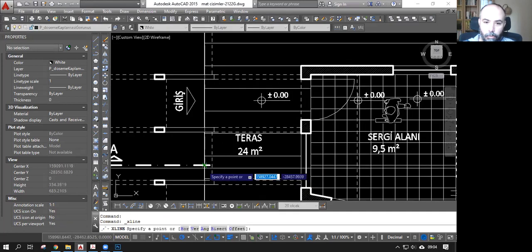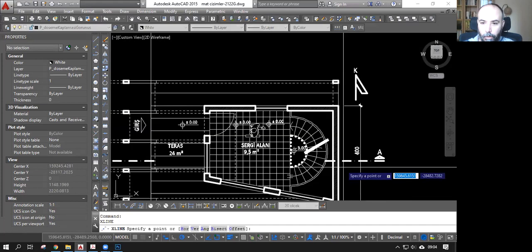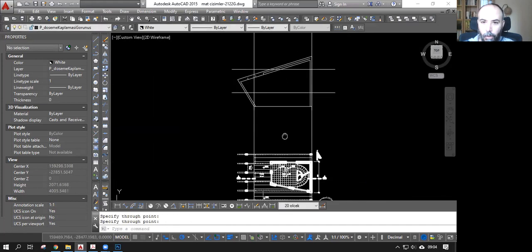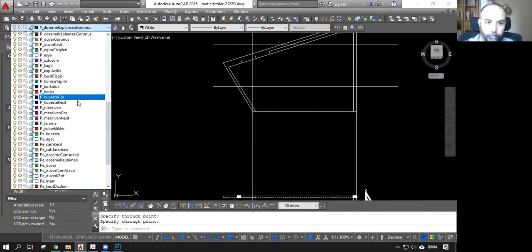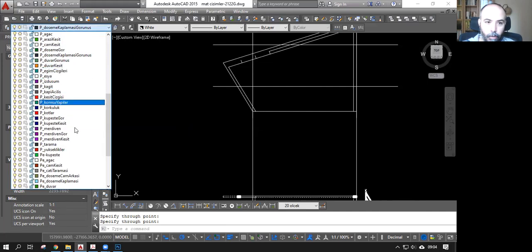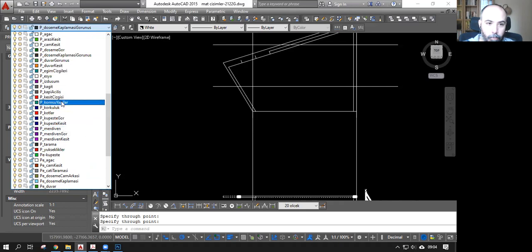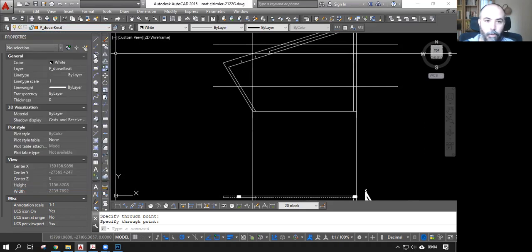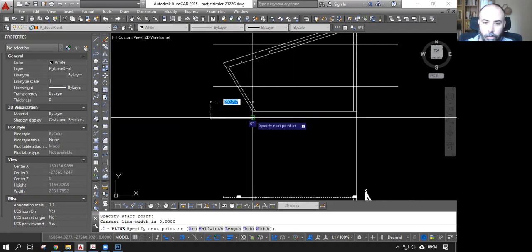First, I need to transfer the position of the terrace area and this wall here. Okay, let me choose this one. I need to draw the earth. It starts from here.